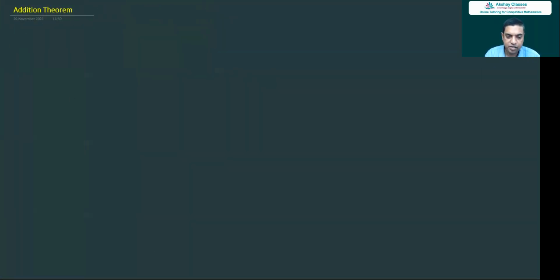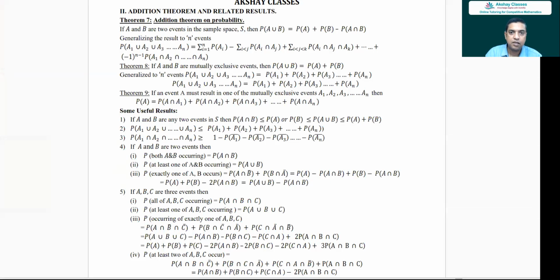So the addition theorem. This is the basic addition theorem, and this is the generalization.